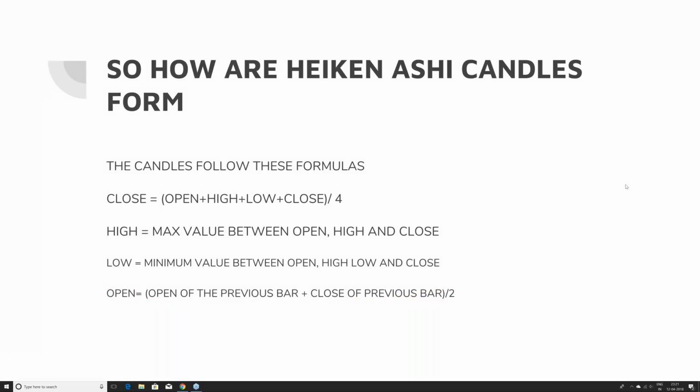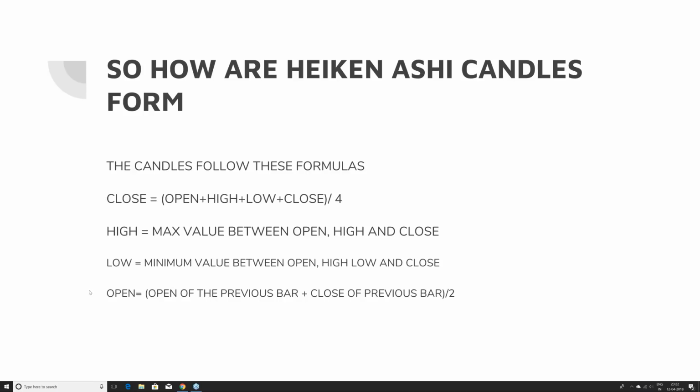What do you see in Heiken Ashi candles? A relative movement. The close of the candle is the average of the open, high, low, and close. Similarly, open is the average of the open of the previous and the close of the previous bar.